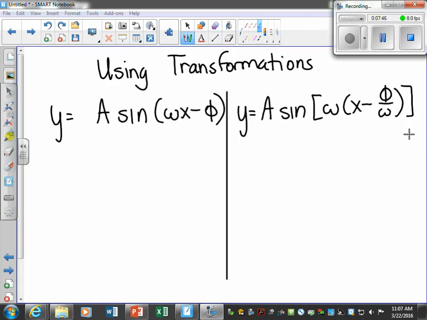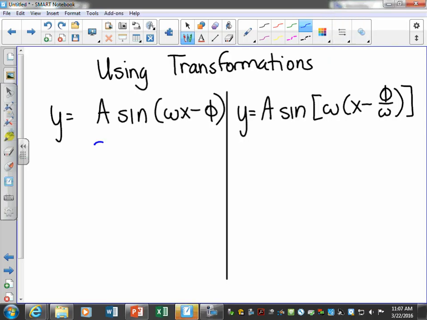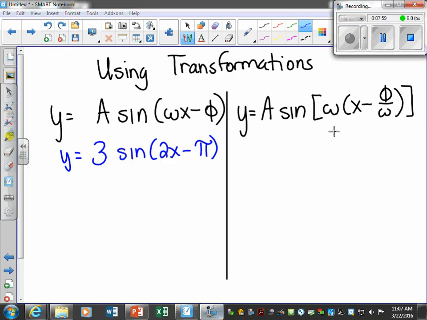So let's just take the example we had from the last lesson. Let's say I gave you y equals 3 sine of 2x minus pi. Okay? Yeah, that's the exact same one we just did. So this is the format that we were familiar with. Now we need to make this fit into this format.